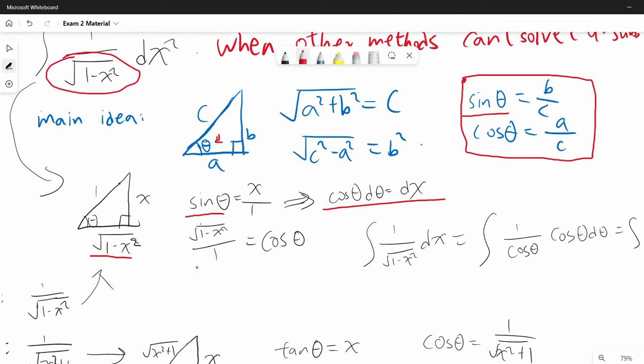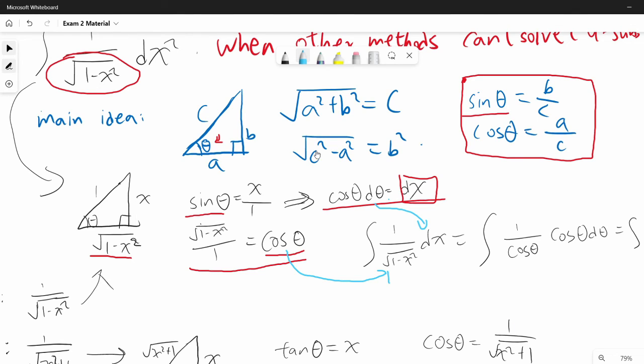And the other connection, using the adjacent side, would be cosine theta. And then we can plug that in. We can plug cosine theta in for the square root part, and then we can plug the dx in for the d theta.